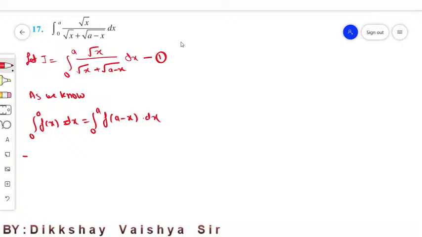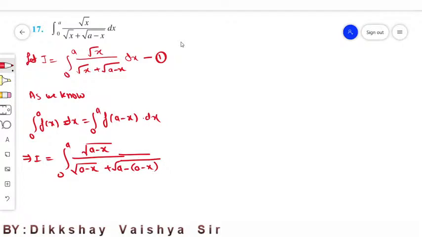So I is equals to integral 0 to a of root a minus x upon (root a minus x plus root of a minus (a minus x)) dx.